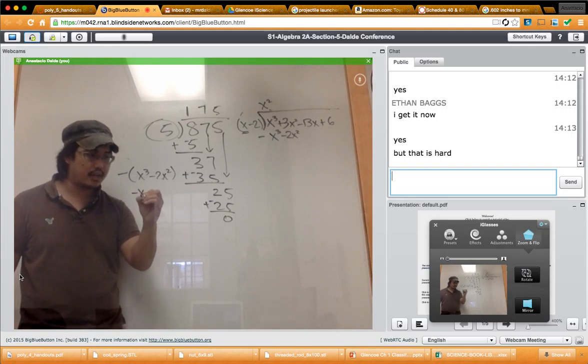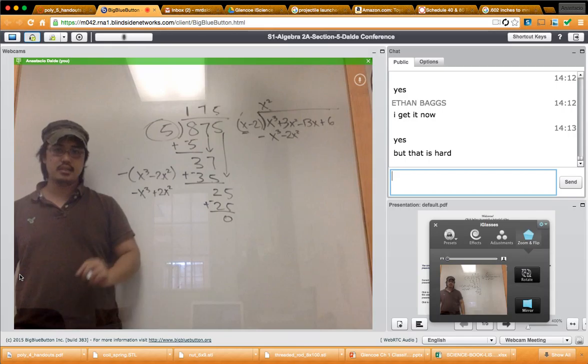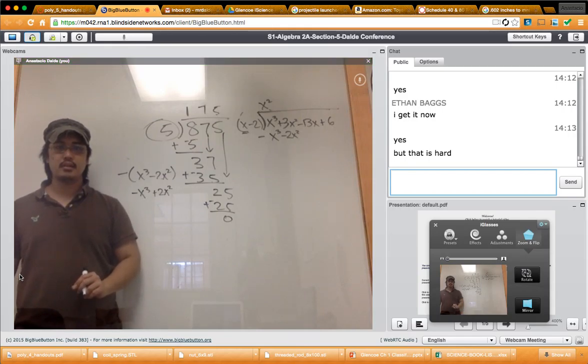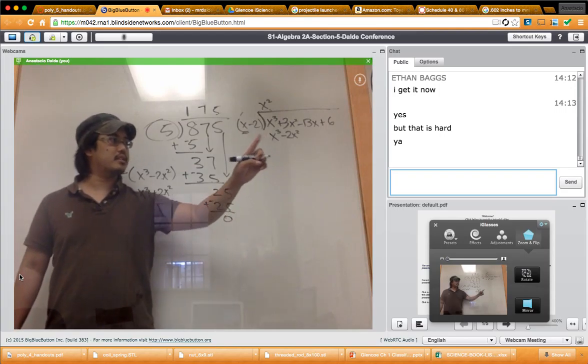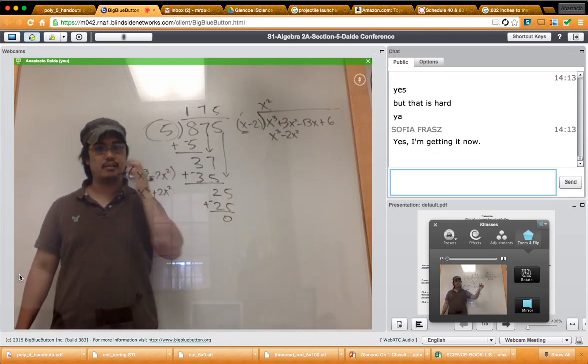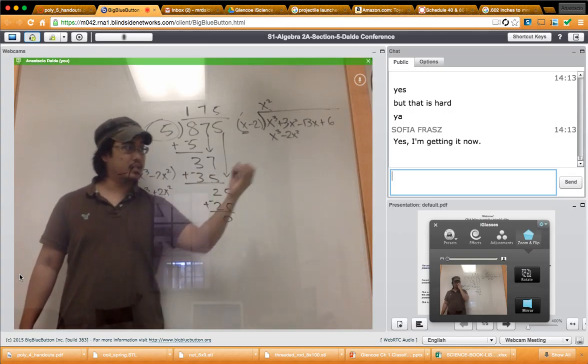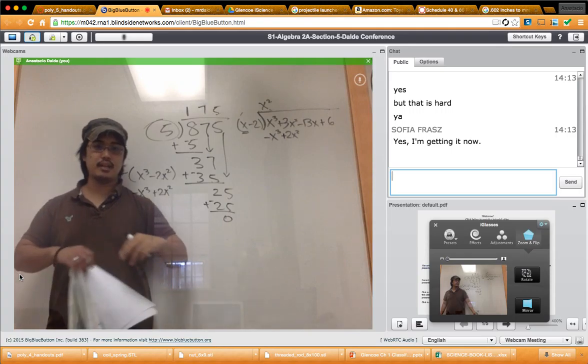So it's negative x cubed plus 2x squared. Do you understand? Essentially, what I'm saying here is I'm going to subtract this, so I have to change the sign of everything in there. So this becomes a negative, and that becomes a positive. Are we cool with that?